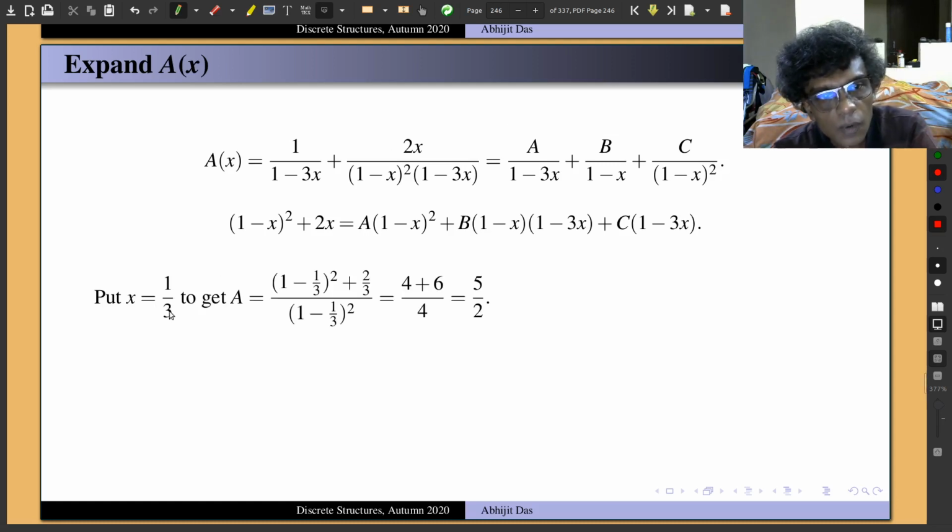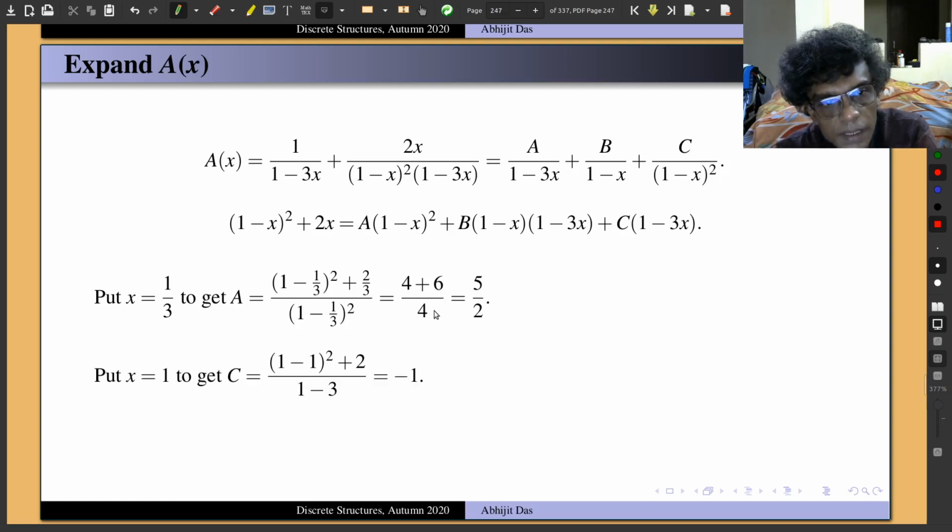So, put x equal to 1/3, this gives me the value of a as 5/2. Do these simple calculations. Next, if I put x equal to 1, I get the value of c like this, which is minus 1. Finally, if I equate the coefficient of, let's say, constant term, a plus b plus c is 1.